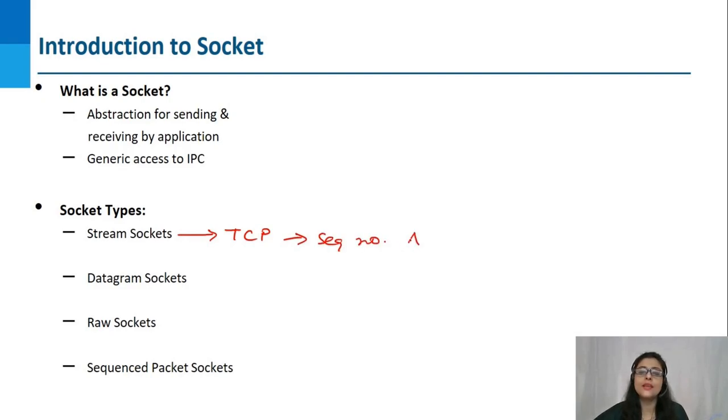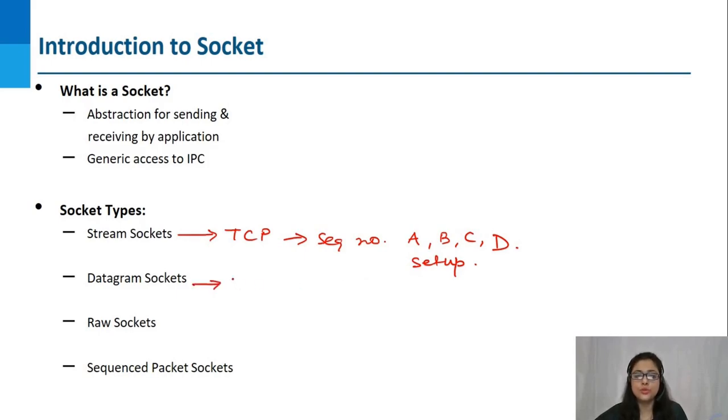Let's say we are sending packets A, B, C, D one by one from one endpoint to the other endpoint. Since we have done a path setup, all these packets will move through the same setup path and it will reach the destination. So at the destination also we will get the packet in this order. So this is known as a stream socket.